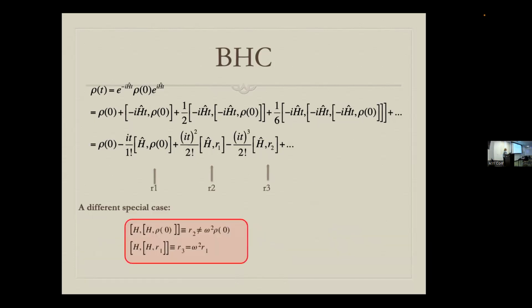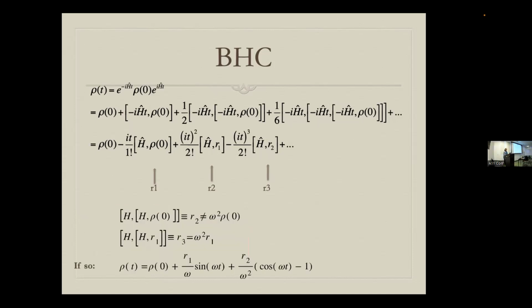Now, there's a different special case that sometimes comes up. Maybe this isn't true. Maybe it doesn't work that R2 is a scaled version of rho naught. But maybe the next term behaves that way. Maybe H commutator with R1 is a scaled version of R1. So R3 and R1 have this special relationship. That means that starting from that term, all the rest of them will also. And then you get a modified useful rule, and that happens to be the case for our problem.